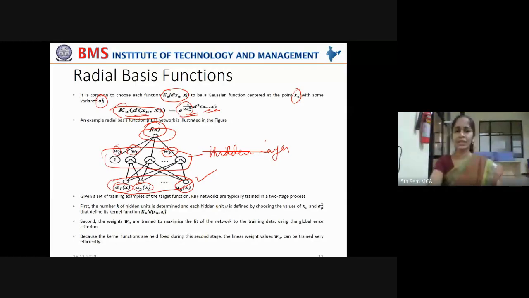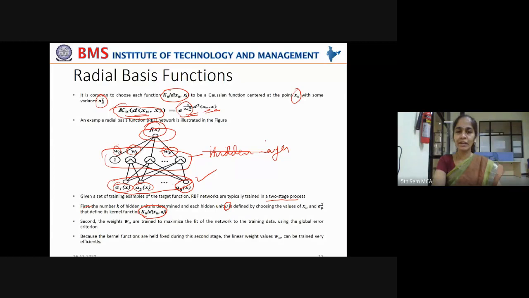Now, given a set of training examples, RBF networks are typically trained in a two-stage process. What is the two-stage process? First, the number k of hidden units is determined, and each hidden unit u is defined by choosing the values of xu and sigma mu square that define its kernel function Ku(d(xu, x)).